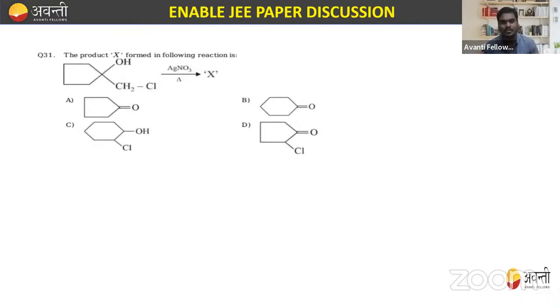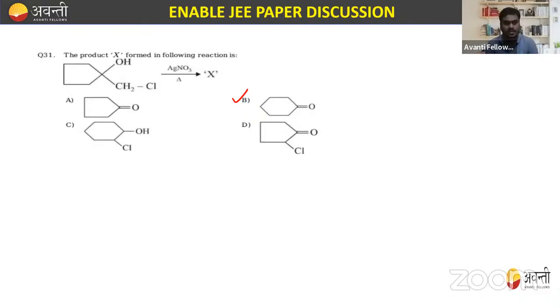On which option did most of you tick? Yeah, good. It means according to most of the students, the correct answer is B, right? So let's discuss why B is the correct option and how we can solve such questions if they come in the examination.